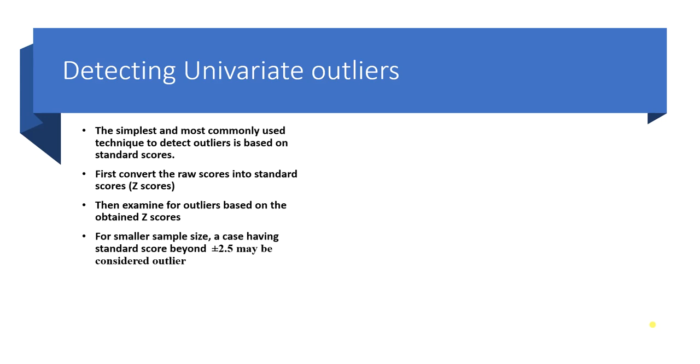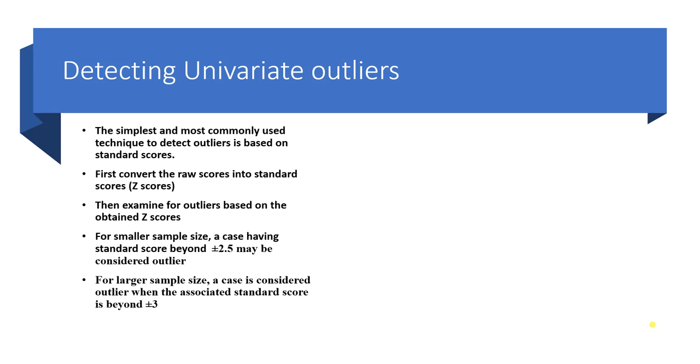For a smaller sample size, say 80, 90 or 100, we can use a lower range of Z score, plus or minus 2.5. If any case has a score whose equivalent Z score is greater than or equal to 2.5 or less than or equal to minus 2.5, then we will consider that case an outlier and we will remove it from the data if the justification for removal is there.